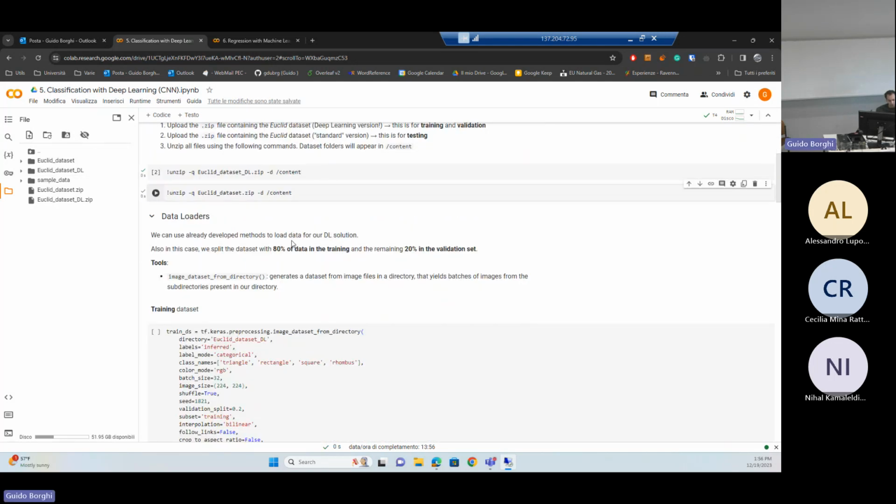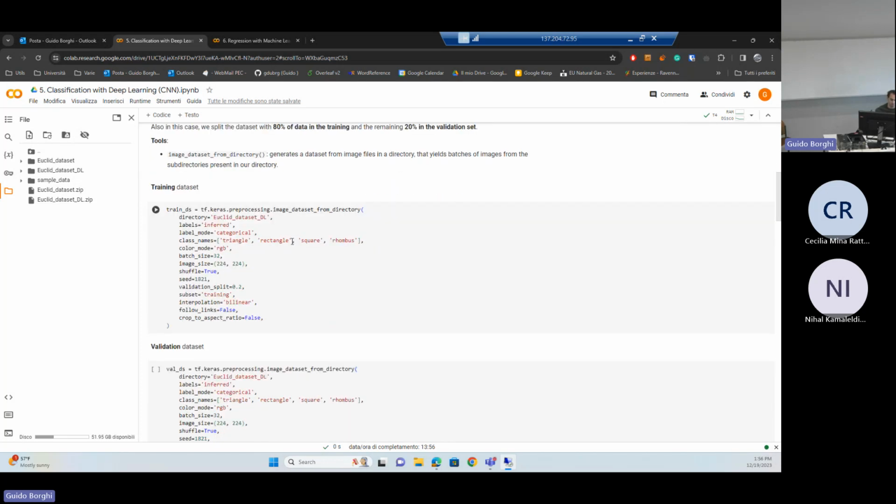Now we have the part about data loaders. How is it possible to load data for our neural network? Also in this case, like in the exercise about the multi-layer perceptron, we use a method already available in TensorFlow, in particular in Keras, that is the method image_dataset_from_directory.